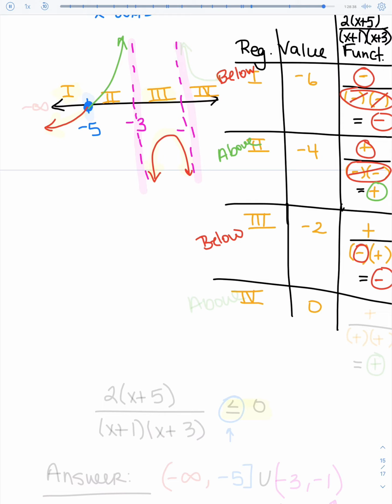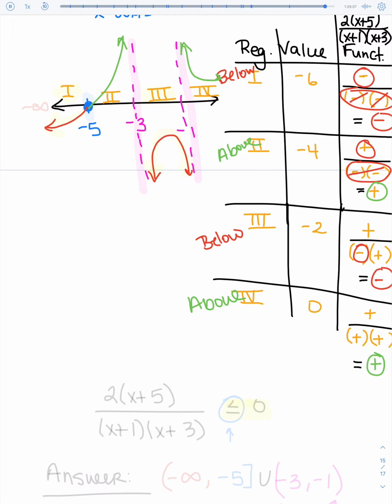Plugging in 0 to the top will still get us a positive, and plugging a 0 on the bottom will get you a positive on both pieces. So if we've got all positives on top and bottom, there's no way we could get anything but another positive. That means we'll end up above the x-axis in our fourth region, getting close to the asymptote and doing something else, but always staying above the x-axis.